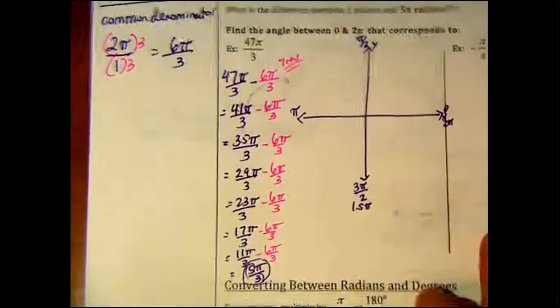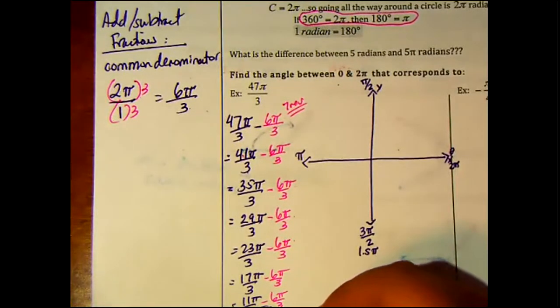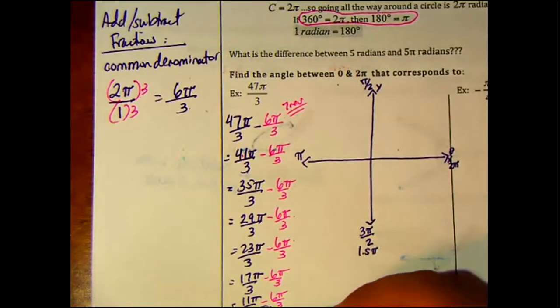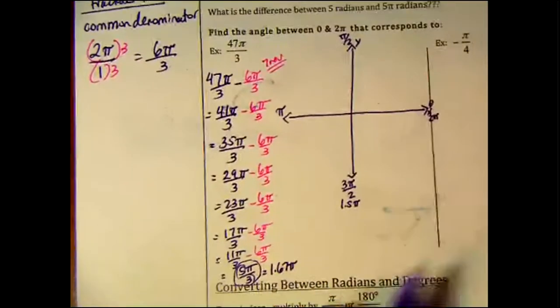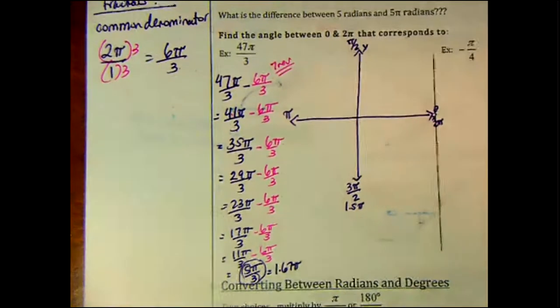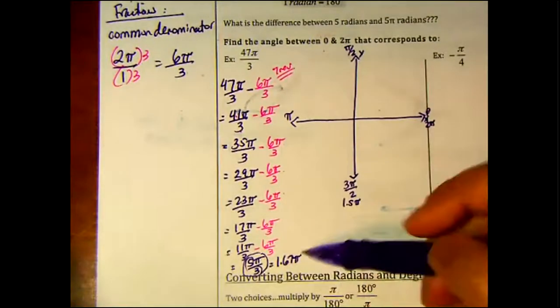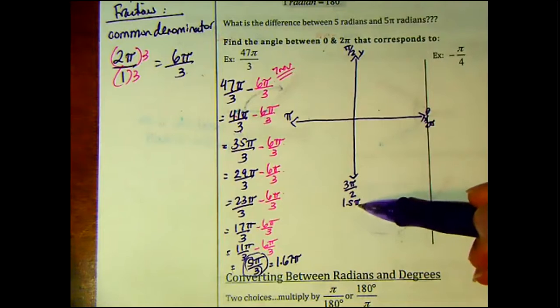Okay, that's 1.67. So this is the equivalent of 1.67 pi. Notice I'm not multiplying in the pi, I'm just getting the decimal of what this represents here, okay? So 1.67, that means it is larger than 1.5 pi, okay?